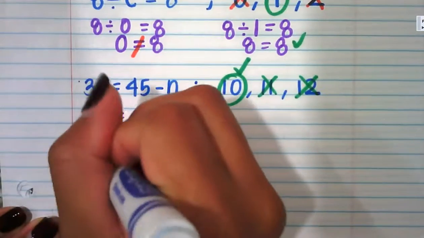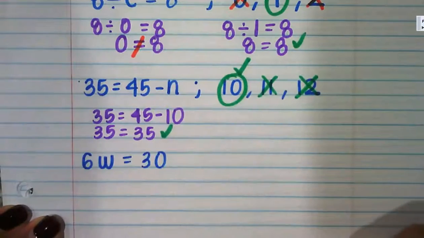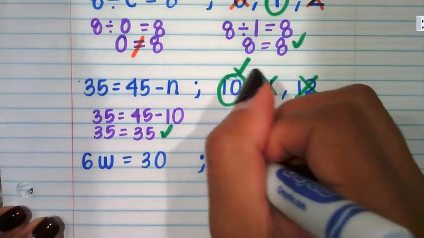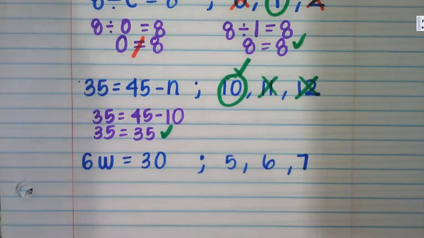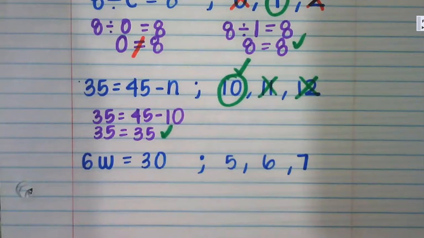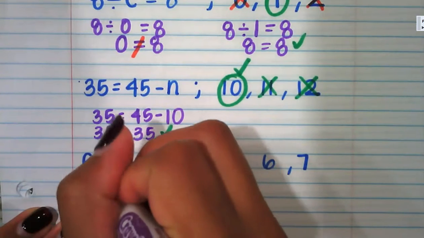6w is equal to 30. And our solutions, w equals 5, 6, or 7. Which one of these solutions will make the statement true? All right, let's try it. 6 times 5.